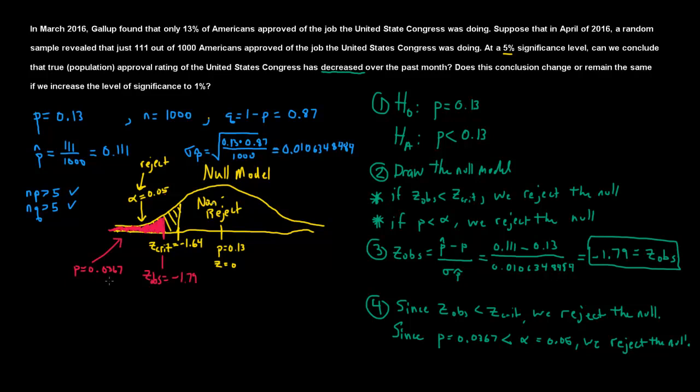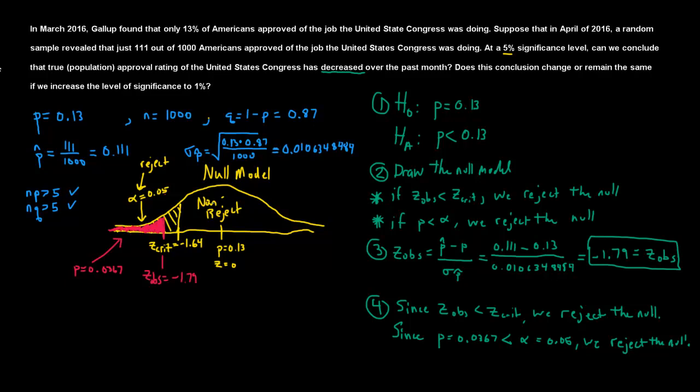So we conclude that the population proportion has probably decreased to some extent. Maybe not as low as we found it to be, but it has decreased, which would help explain our sample statistic.